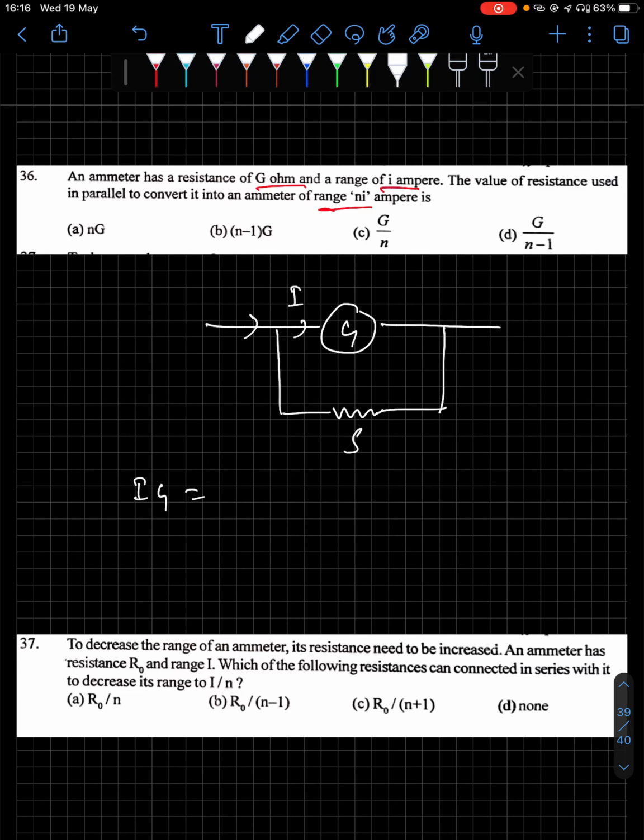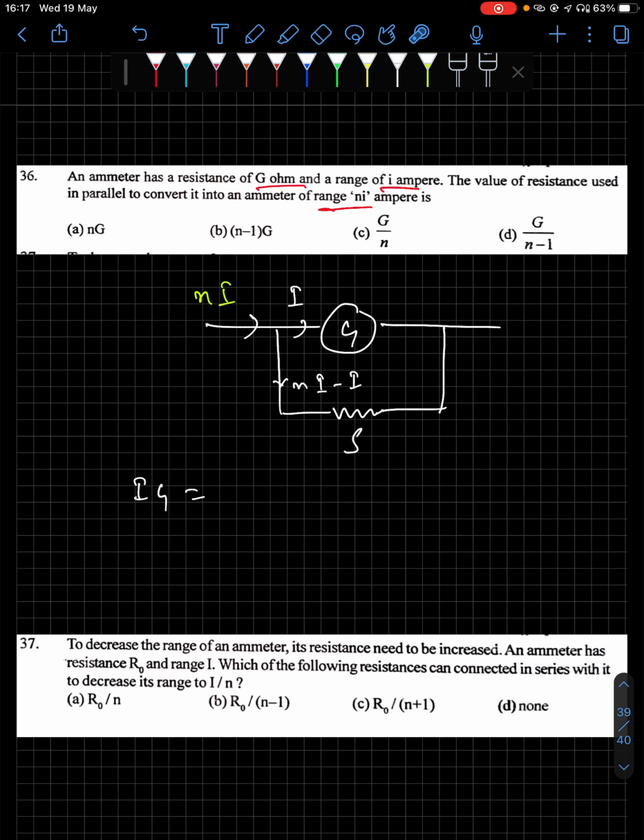Now when you have increased the ammeter range, the ammeter is capable of measuring NI current, right? So if NI current is fed into this ammeter, then the current is distributed as NI minus I passing through the shunt. Now the voltage across the previous circuit, that is when the ammeter had only G resistance and I current was passing through it, it was Ig.